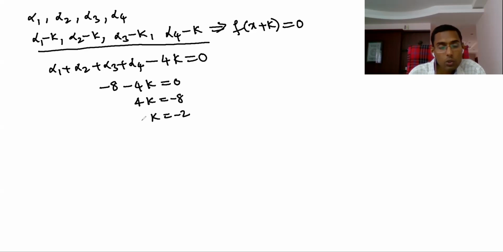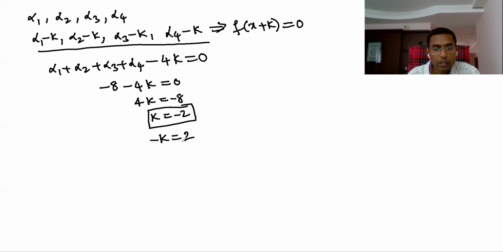That means what I added is minus k, which is 2. So each root should be added by 2, so that the third degree term will be eliminated. Now you can answer the question very easily.